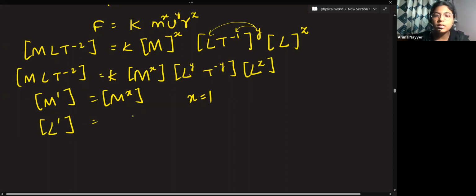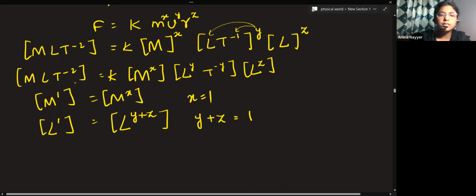Here it is equal to L to the power y plus this z as well. If you combine L to the power y with L to the power z, that becomes y plus z. So y plus z is equal to 1.